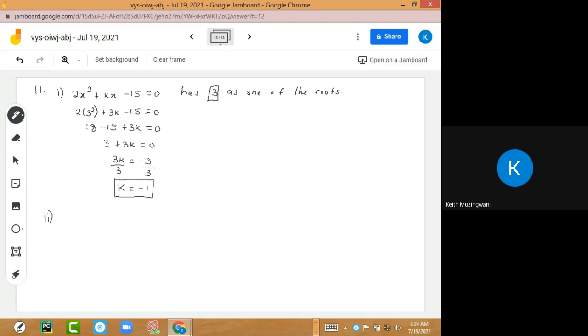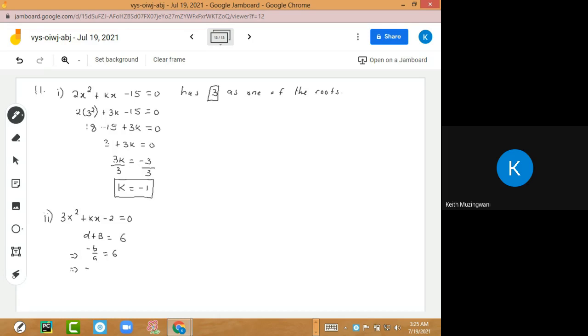Two, we have 3x squared plus kx minus 2 is equal to 0 has roots whose sum is equal to 6. So the roots have sum equal to 6, but the sum is -b over a, which must be equal to 6.